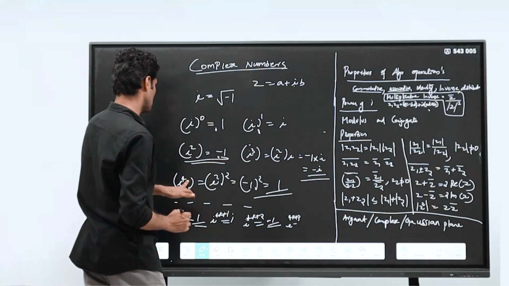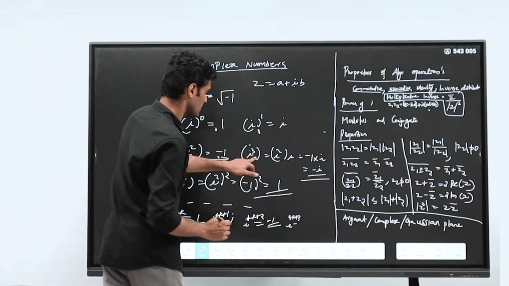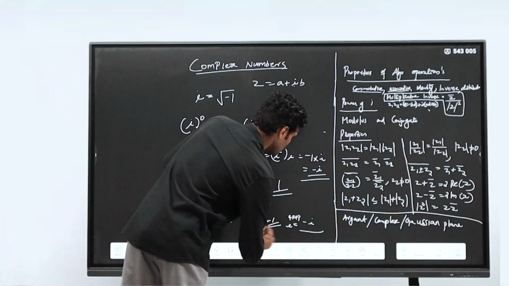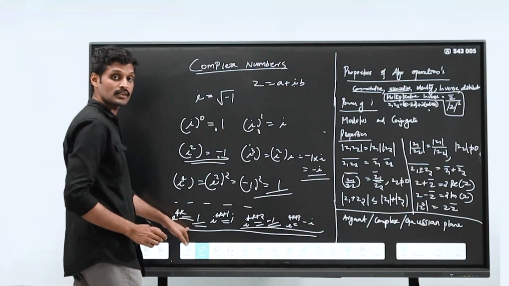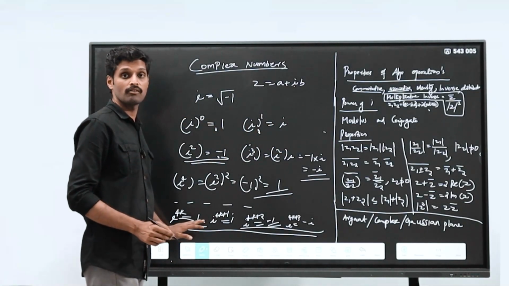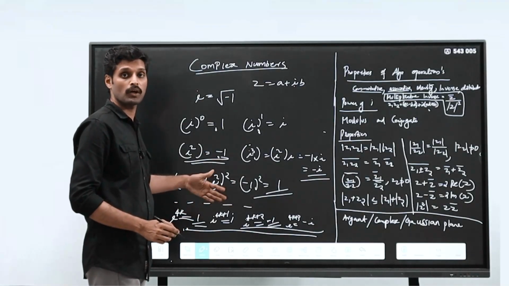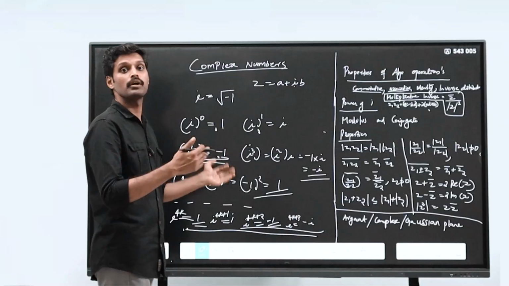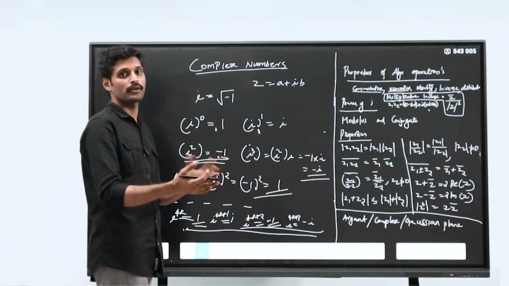Then I raised to 4k plus 3 will be minus I. So these are the results. Using these results, we can find the highest powers of I, beyond 4 or at 4.